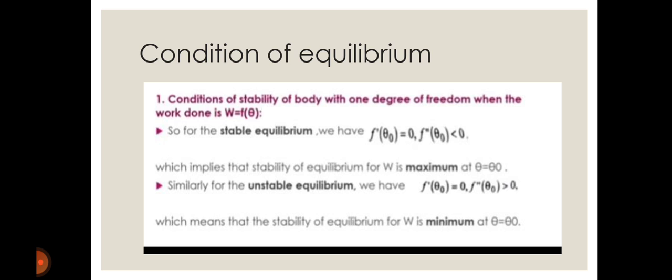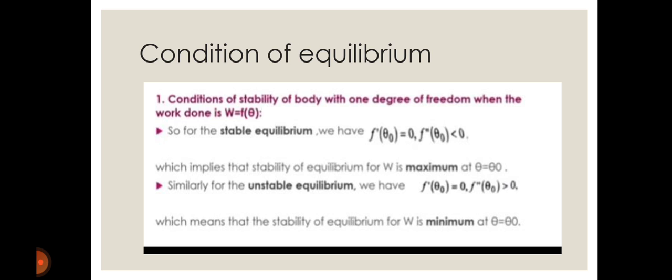These are the conditions of equilibrium. The first condition is the condition of stability of a body with 1 degree of freedom, when the work done is W equal to F(theta). For the stable equilibrium, we have F dash theta naught equal to 0 and F double dash theta naught less than 0, which implies stability of equilibrium for W is maximum at theta equal to theta naught.